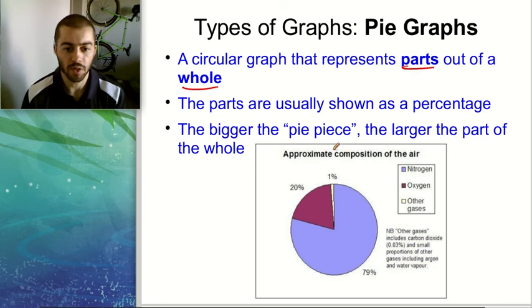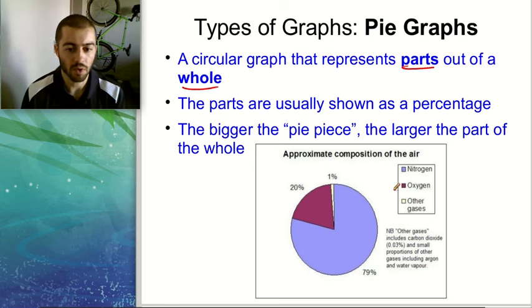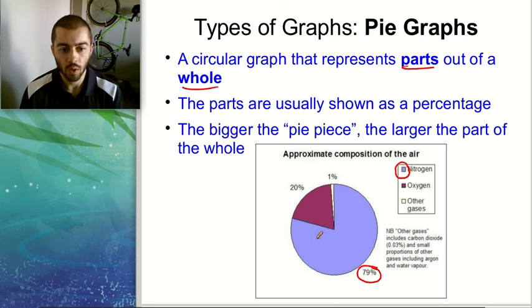So here, this graph is basically showing what gases make up the air that we breathe. The air we breathe is actually mostly made of nitrogen, and we can tell by the graph that nitrogen has the most because, A, it's labeled here as 79%, and B, we can look at the graph and see that this nitrogen, being the blue color here, we can tell by this key over here that nitrogen is blue, takes up most of this pie, right?